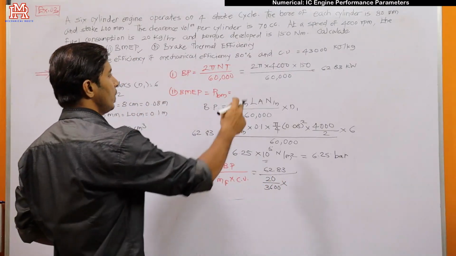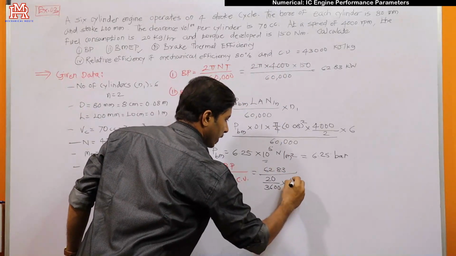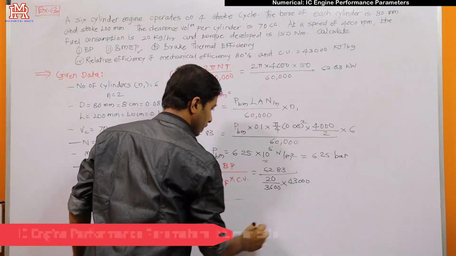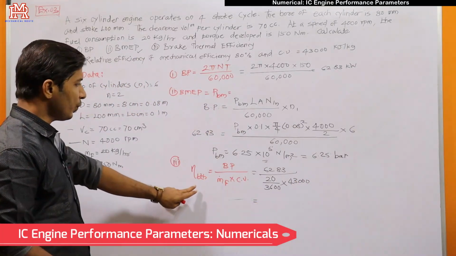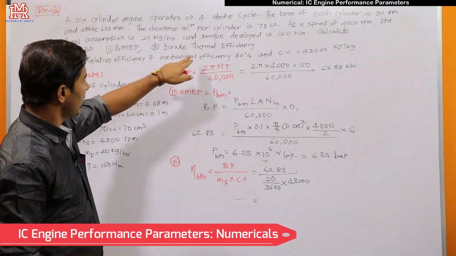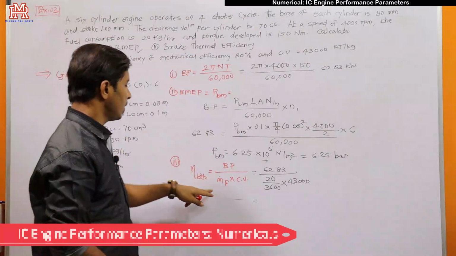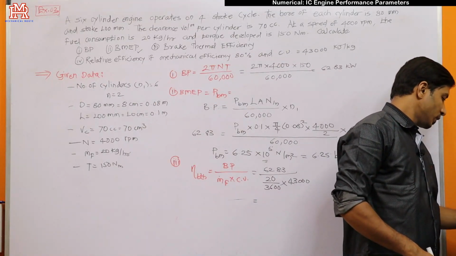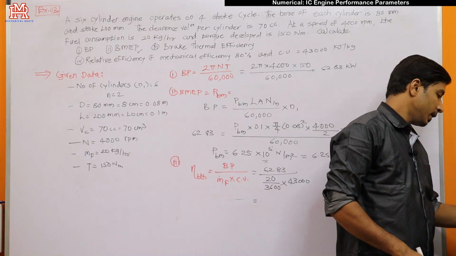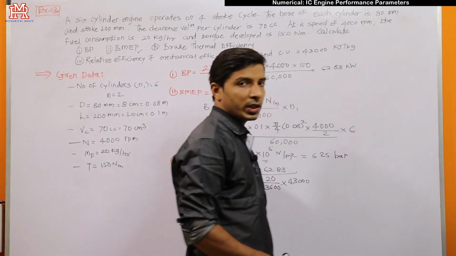The calorific value is 43000. Now you have to simplify this, and we will get the answer for the third parameter asked, which is brake thermal efficiency. The answer for this brake thermal efficiency is 0.263.